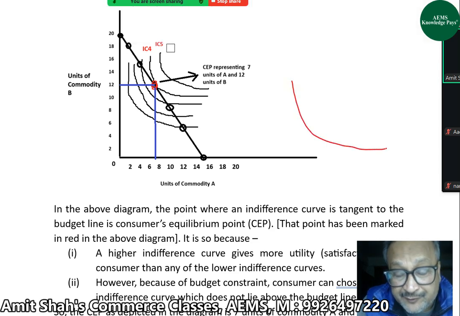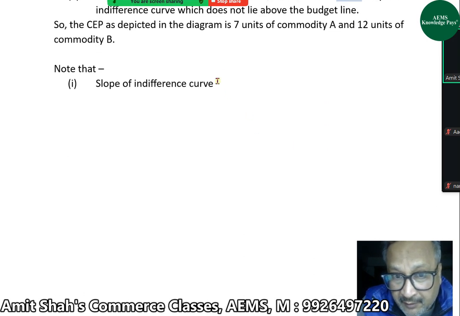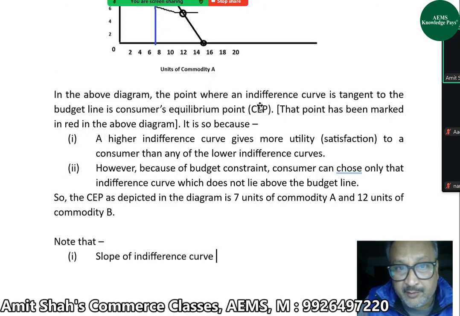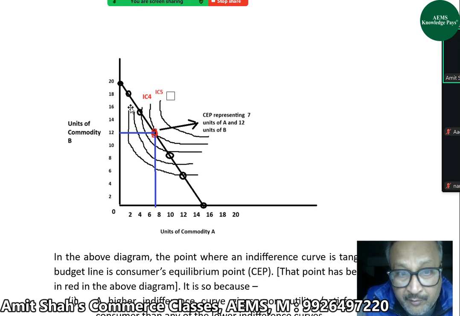Why not simply this, or why not like this? That slope is nothing but the loss of one commodity versus the gain of some other commodity, because when you move on an indifference curve you lose one commodity and you gain the other.